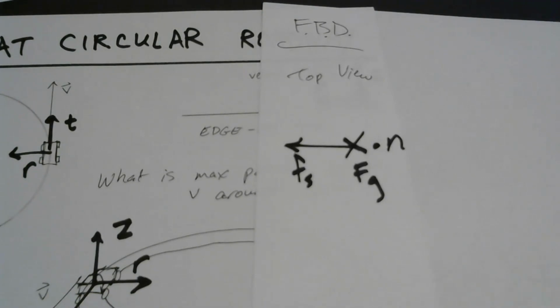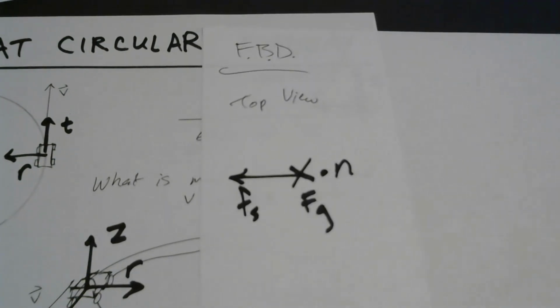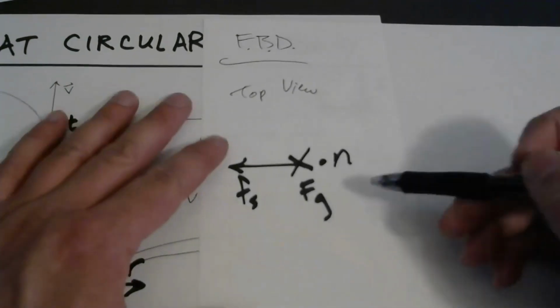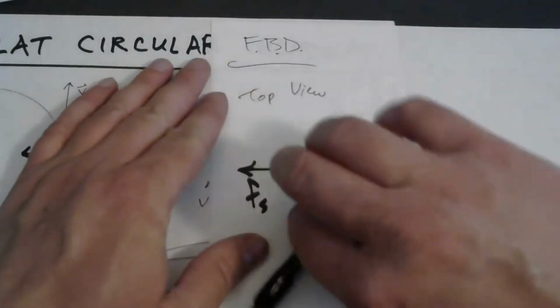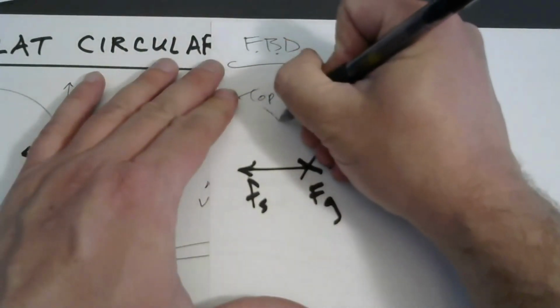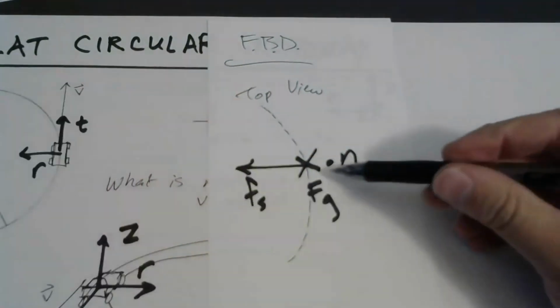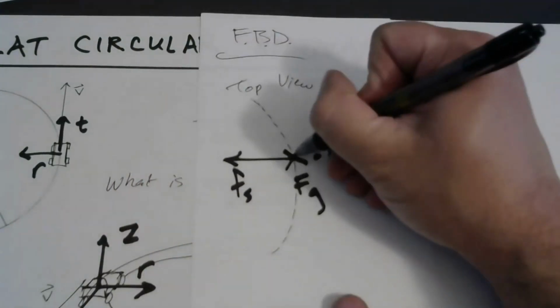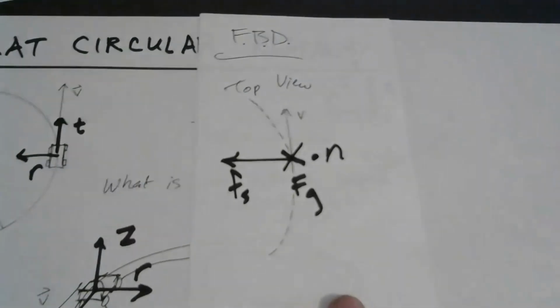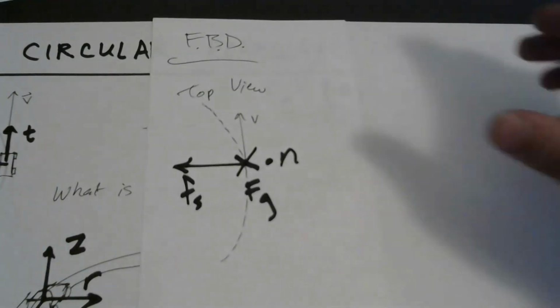That's what rolling is. Now, if you're wondering why the static friction points perpendicular to your velocity, that seems a little odd. Let me just sketch the circle here. Friction is towards the center of the circle. The velocity is in this direction. Here's how I think about it.